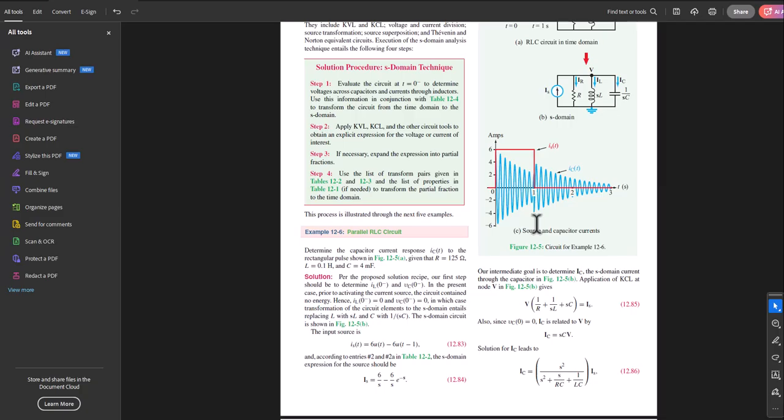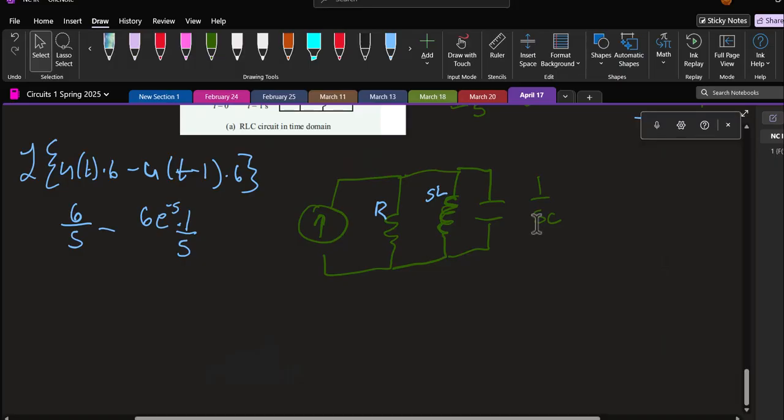It was 6 over s minus 6 e to the minus s times 1 over s.